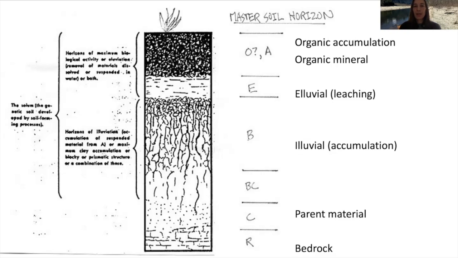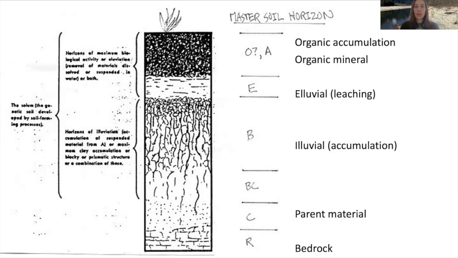At the top, we have what we call an O horizon, which is a layer of accumulated organic matter. In a forest environment, this is where the leaf litter accumulates every fall as the leaves fall down and die. In grasslands, it comes from plant roots. In every place where there is organic matter, there is organic accumulation.